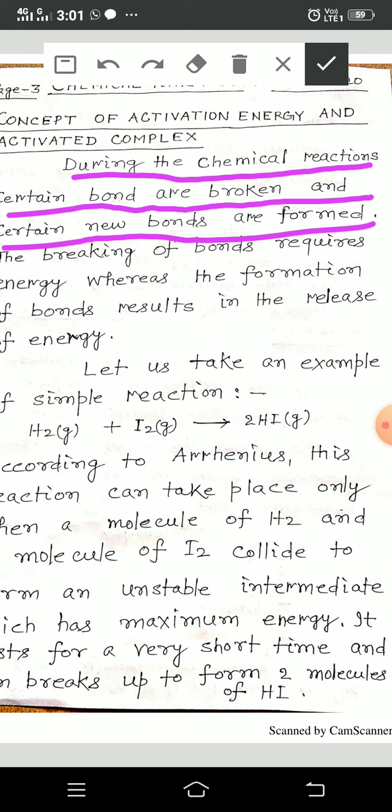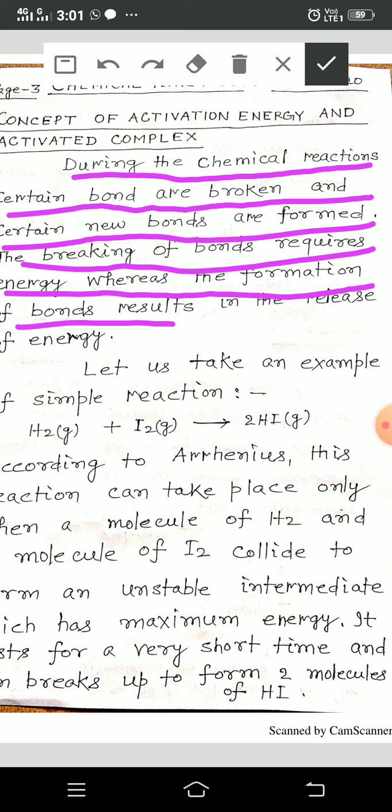Means certain bonds are broken and certain new bonds are formed. The breaking of bonds requires energy, whereas the formation of bonds results in the release of energy.